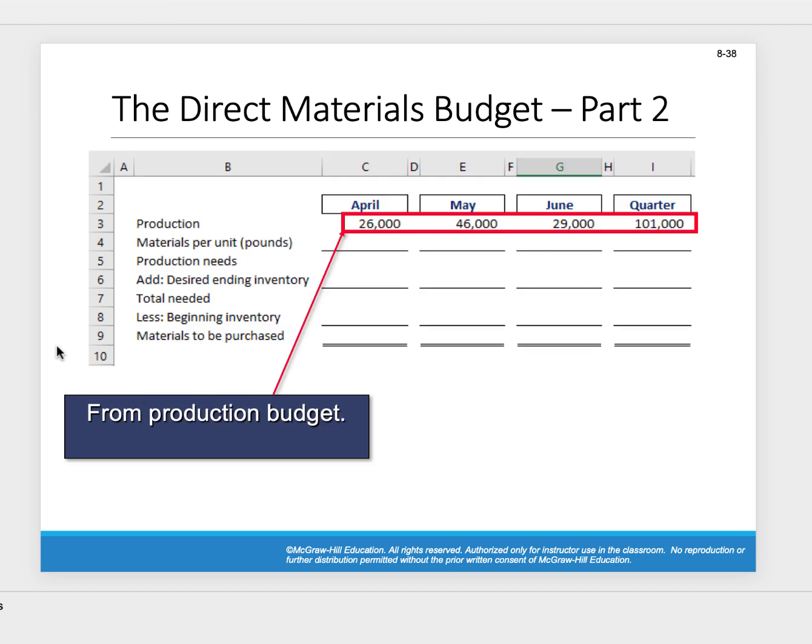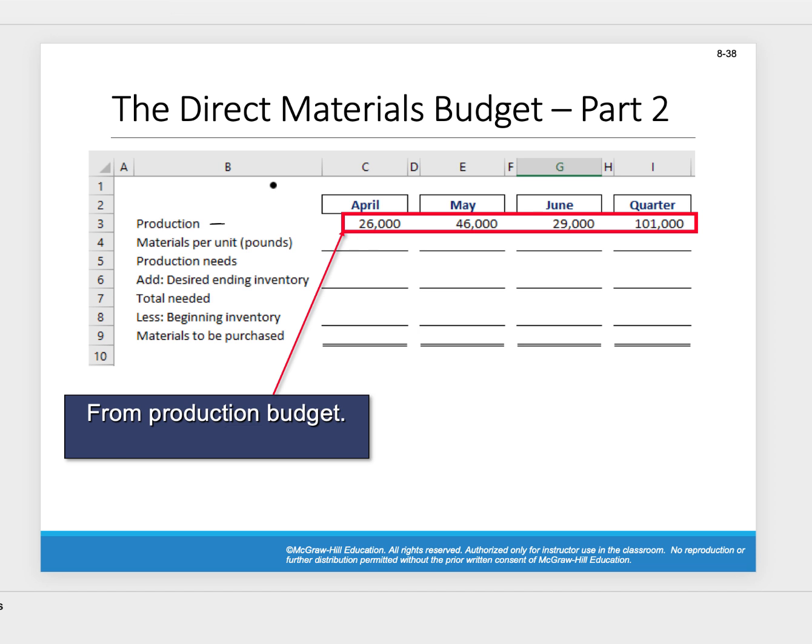Okay, so first thing we do is we say, what are our production needs? Well, guess what? We already got that from our production budget. So what we need to do is calculate how much raw material we need for the entire production.